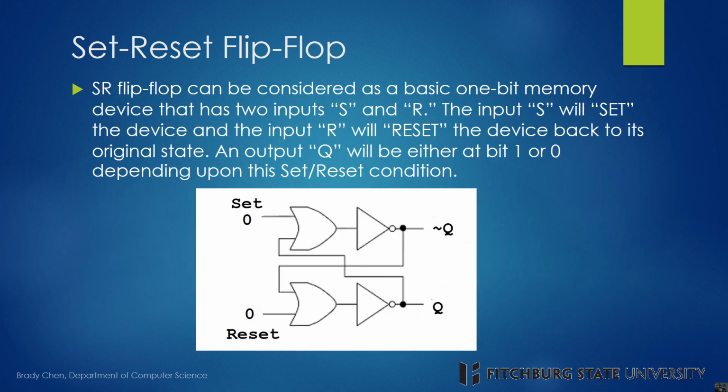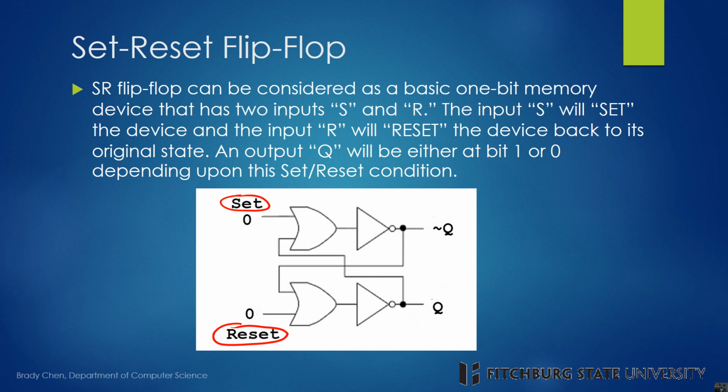As we can see from the diagram, an SR flip-flop can be considered a basic 1-bit memory device that has 2 inputs. One input is called the set input, sometimes we just use S. The other input is called the reset input.